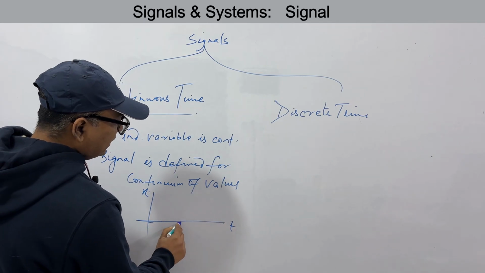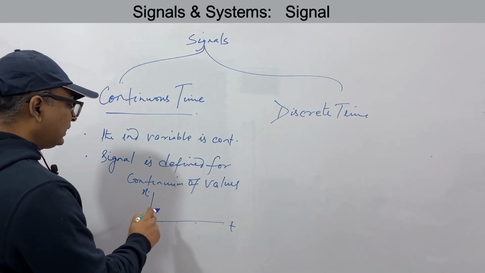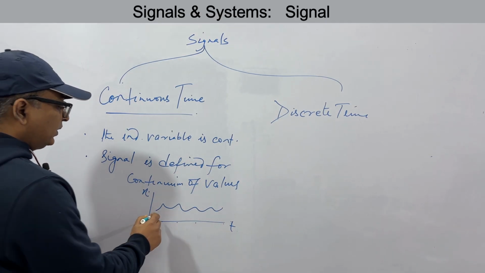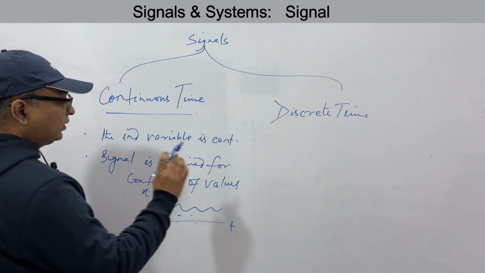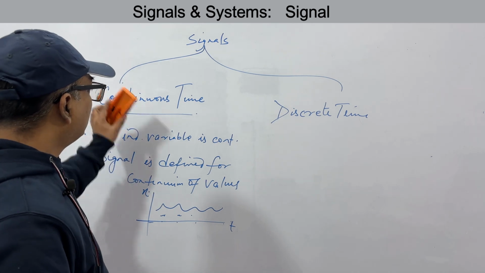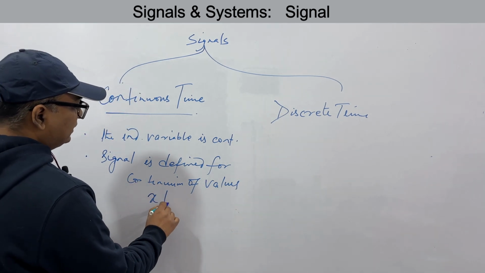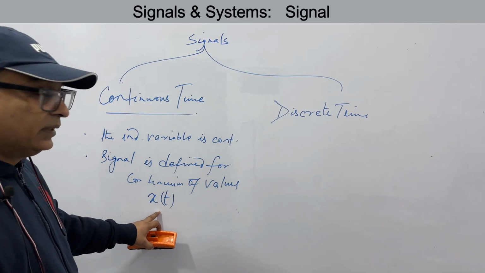It is not defined at discrete points. Second, if this is our signal, then it is defined for all values. It is not defined for only a few values. So this is a continuous time signal, and we generally denote it like this, x and in small brackets t.